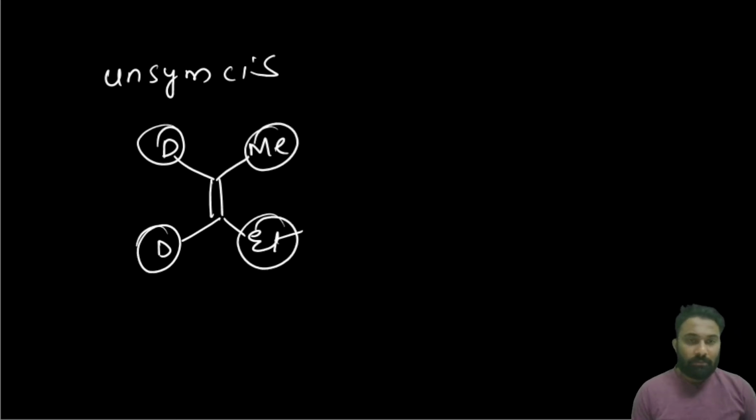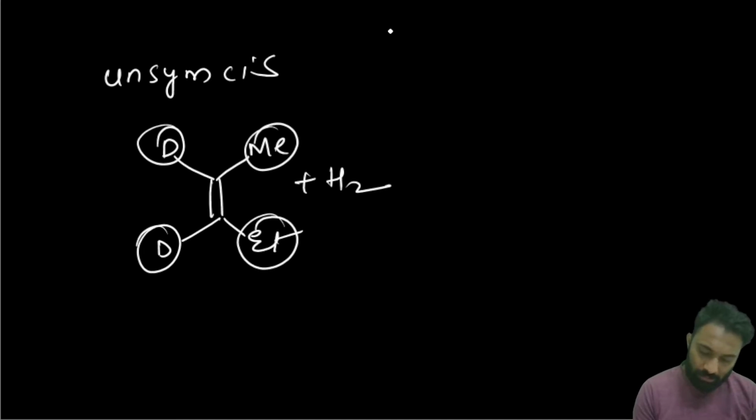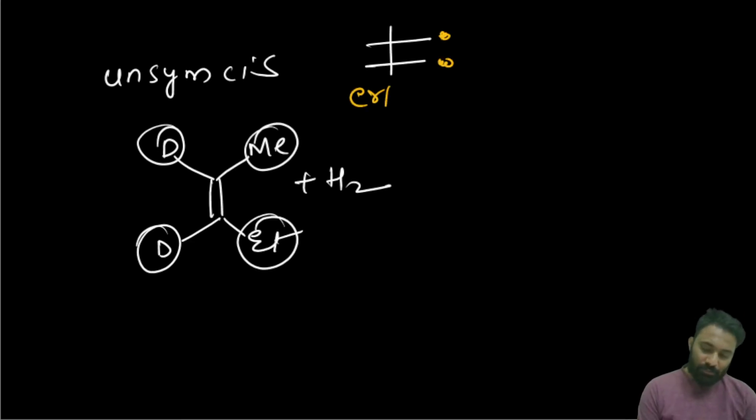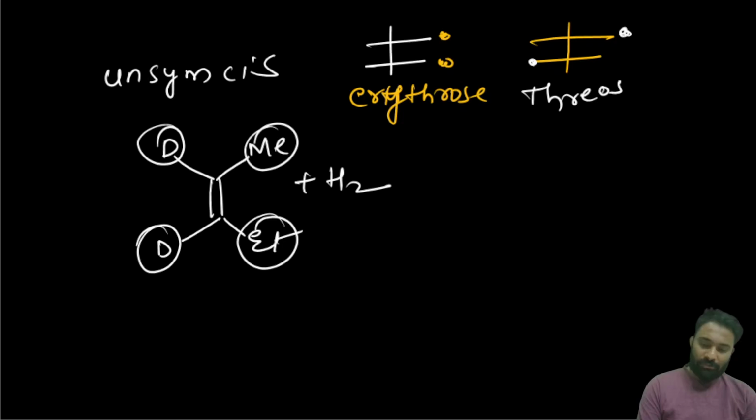Unsymmetrical cis upon cis addition. If the groups are on the same side, this is erythro. If the groups are on opposite sides, then this is threo.